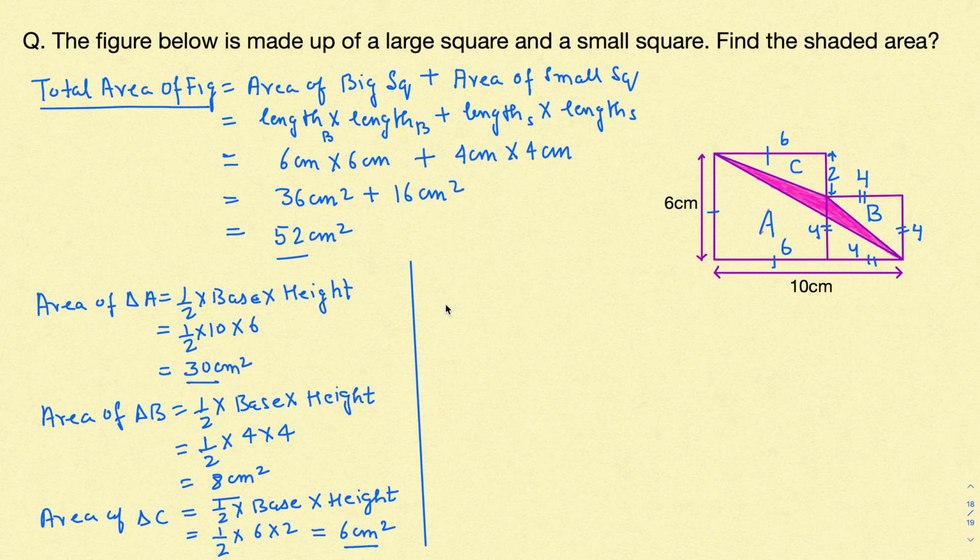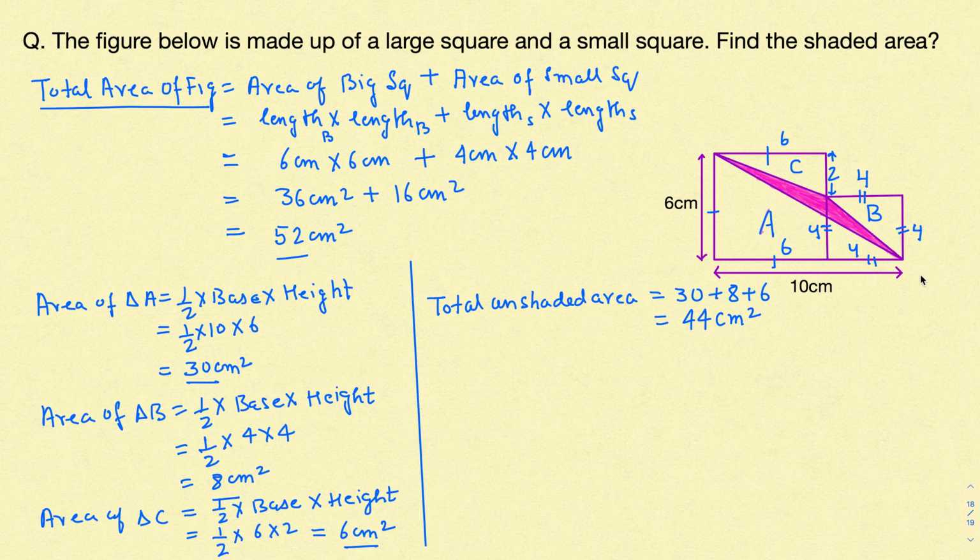So let's find the total unshaded area. That is equal to how much? 30 plus 8 plus another 6. That will give us 44 cm square, right.